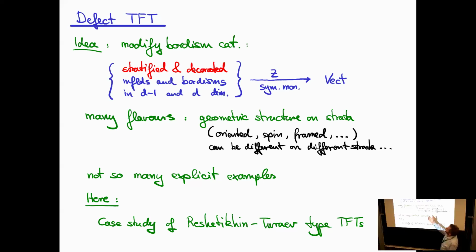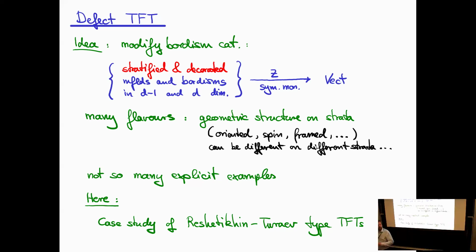And now you have to do this for every stratum. So in principle, every stratum could come with its own geometric data. Maybe some strata oriented, maybe some carry a spin structure. And so that's something extra you have to decide, what kind of topological field theory do you want to talk about. I'll mostly stay oriented, and I'll say a few things about spin, and I'll say nothing about frame.